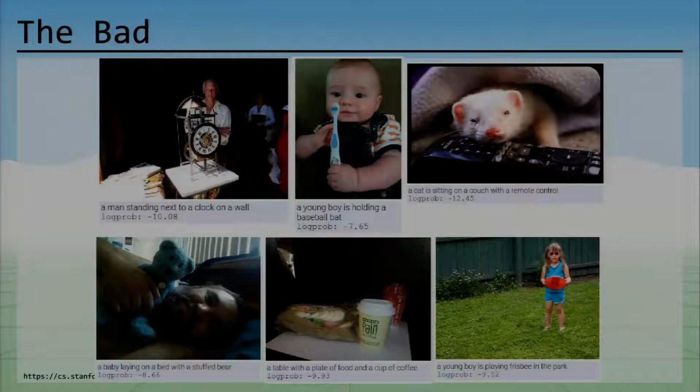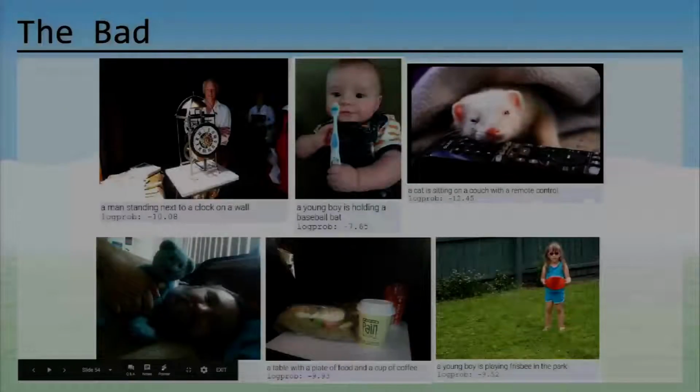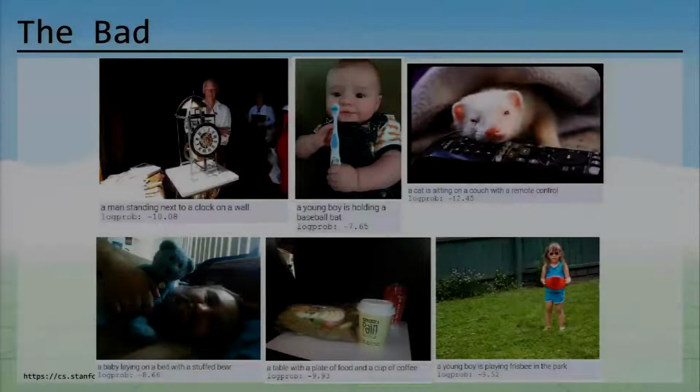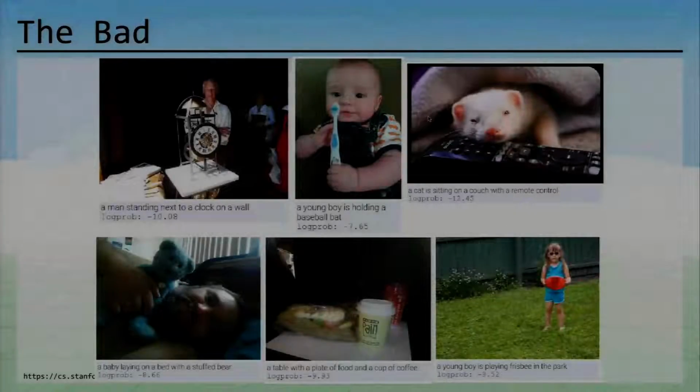Sometimes the models didn't work completely correctly. So, a man standing next to a clock on the wall. Well, there's a man standing next to a clock. It's not on the wall. A young boy is holding a baseball bat. Not quite. And that would be a very young boy. A cat is sitting on a couch with a remote control.